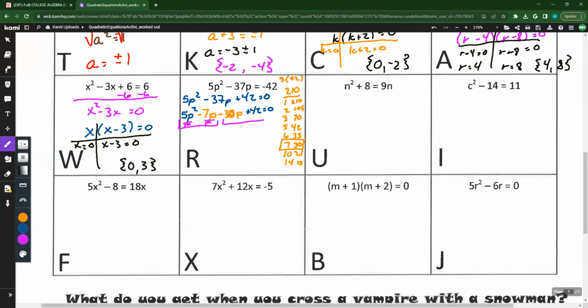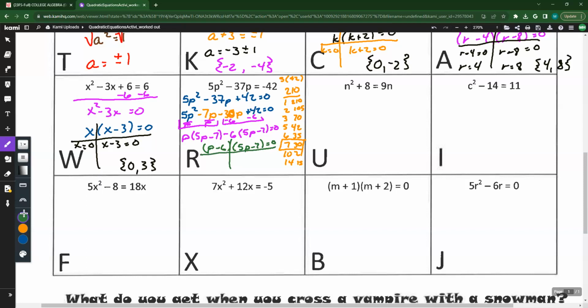These two, we can pull out a -6. So we have p times 5p minus 7 minus 6 times 5p minus 7 equals 0. All right, so it does factor. It worked well. So you have p minus 6 and 5p minus 7.